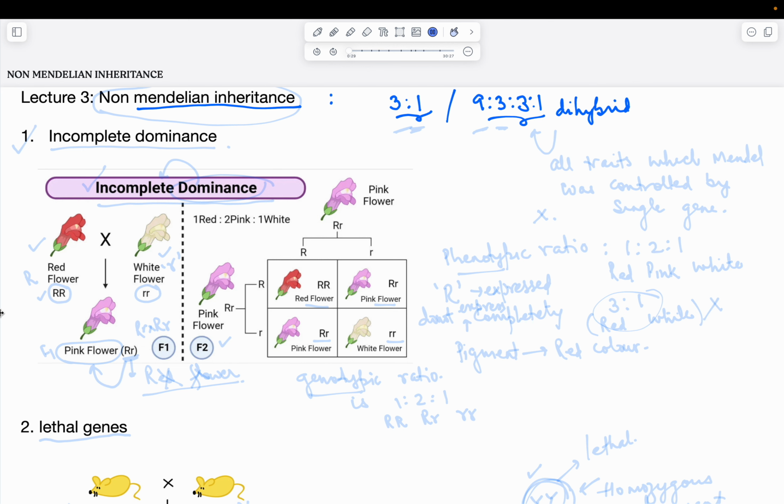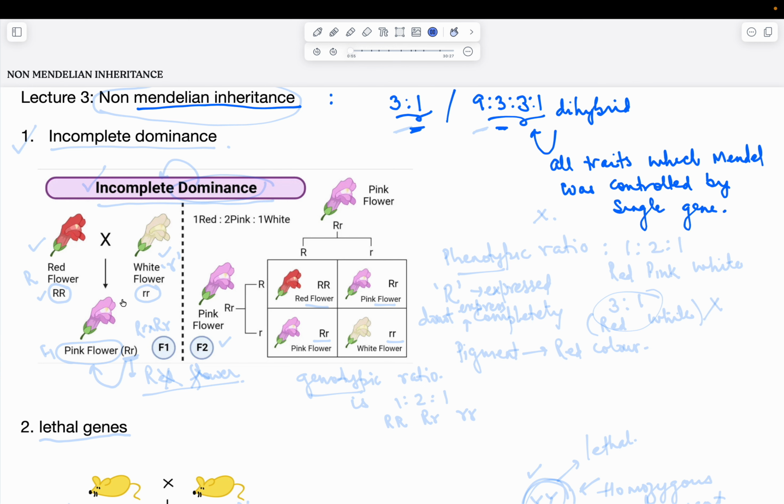So there was a set outcome, right? And this was because all the traits which Mendel studied were controlled by a single gene.